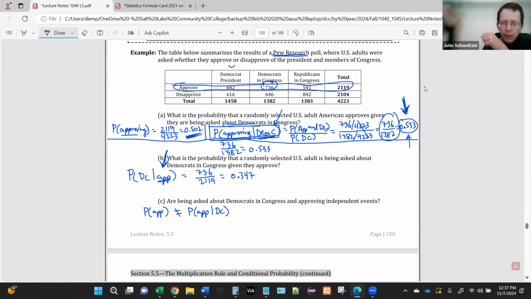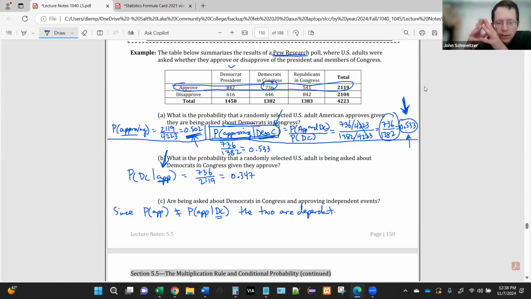We said it goes up if you're being asked about Democrats, which means at that point in time the Democrats in Congress were more popular than the Republicans in Congress, or perhaps the Democratic president, right? So since having this additional information about the second process makes the probability of approving change, we would say the two events are dependent.